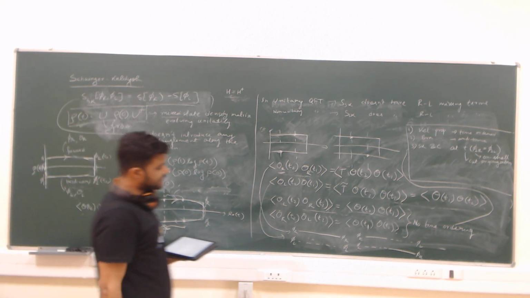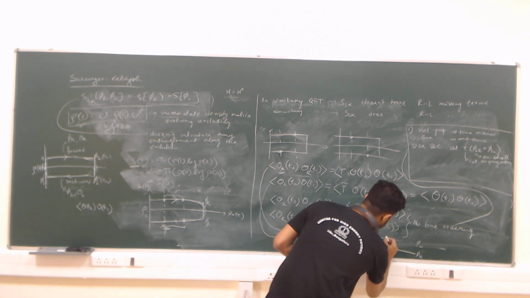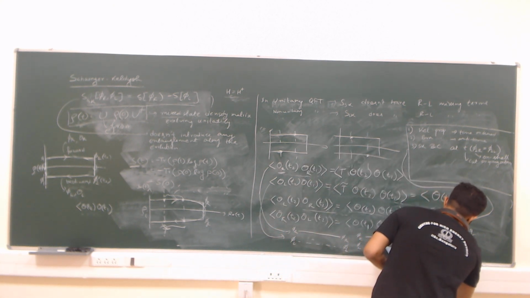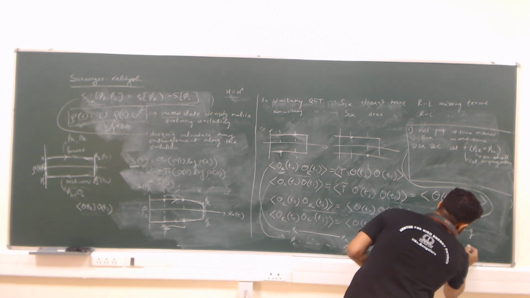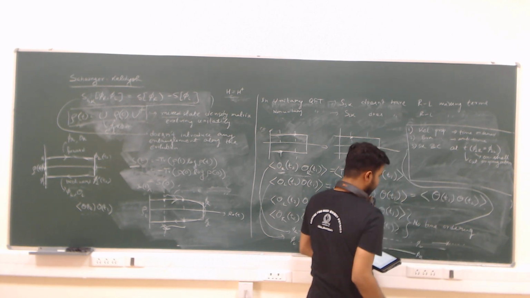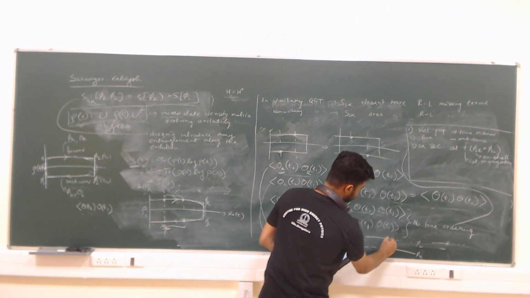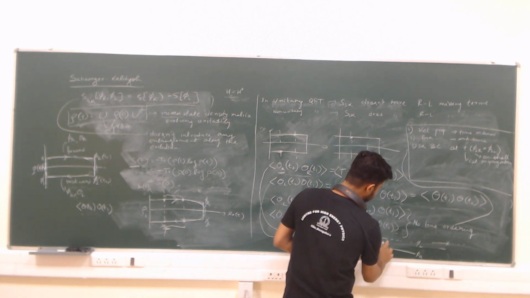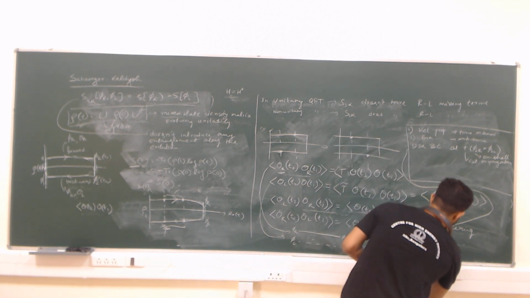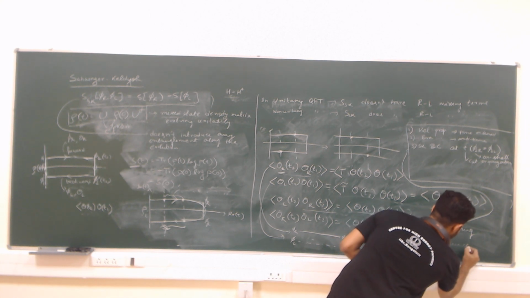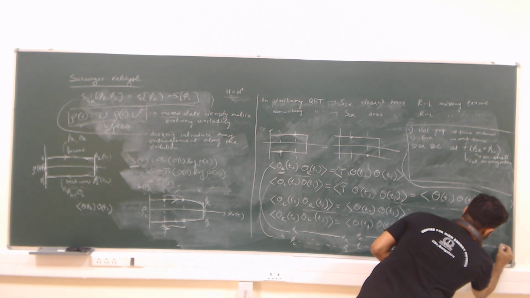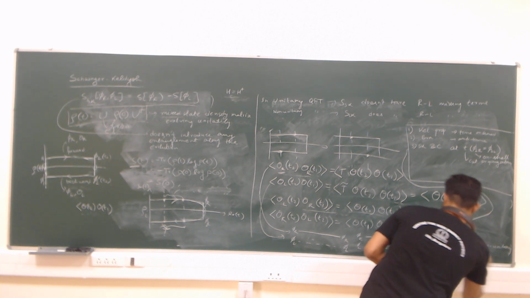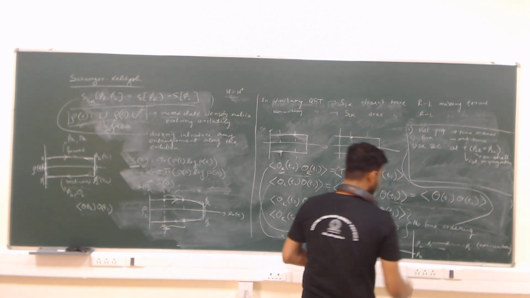In a non-unitary case, I will have something else: there will be a cut vertex as well over here, at the point where you change from solid to dotted line. So this is for non-unitary cut operators. These were for unitary.